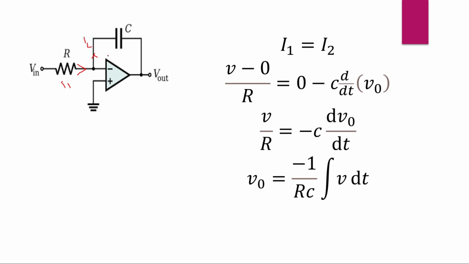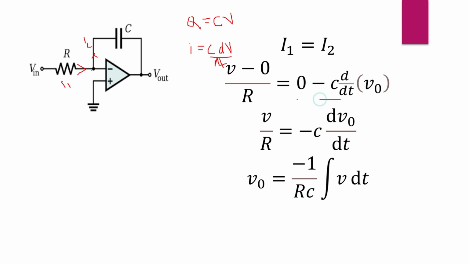Applying Kirchhoff's current law, (V minus 0) by R equals 0 minus the capacitor current. We are familiar with Q equals CV, so on differentiation, dQ by dt, that is I, equals C into dV by dt. In the capacitor, the current equation is C dV by dt. So 0 minus C dV0 by dt.